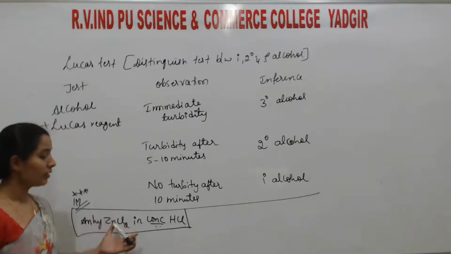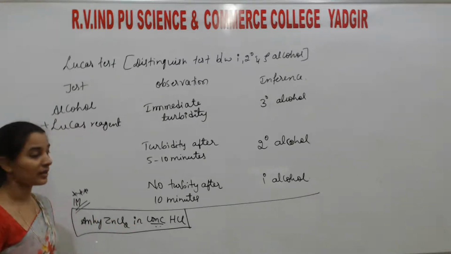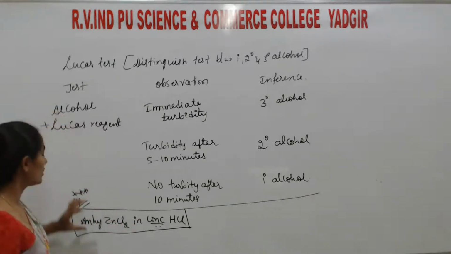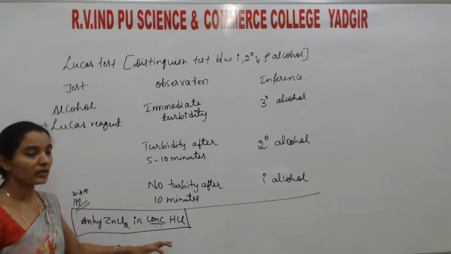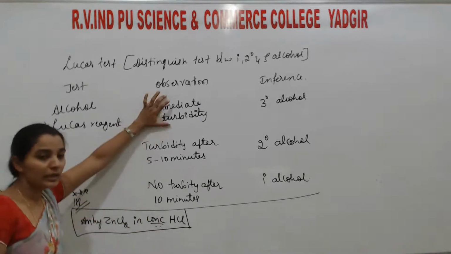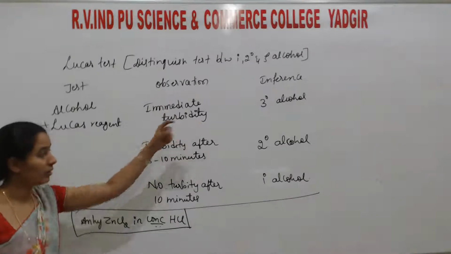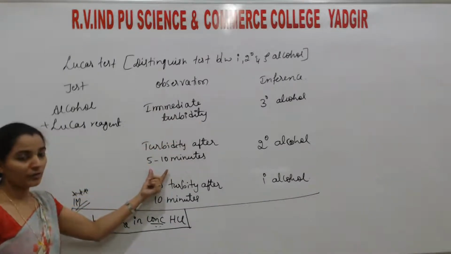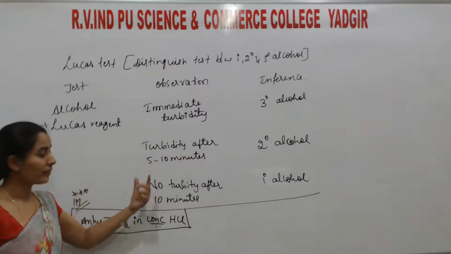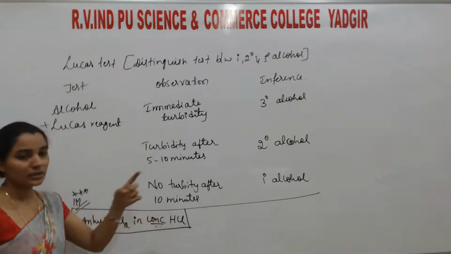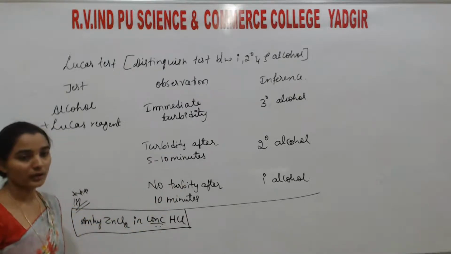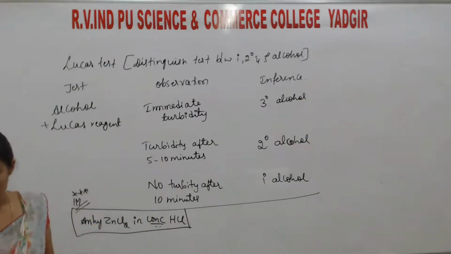Anhydrous zinc chloride in concentrated HCl. So to the alcohol we add zinc chloride in concentrated HCl. If we get immediate turbidity, that is tertiary alcohol. Turbidity after 5 minutes, secondary. No turbidity after 10 minutes, primary. Understood?